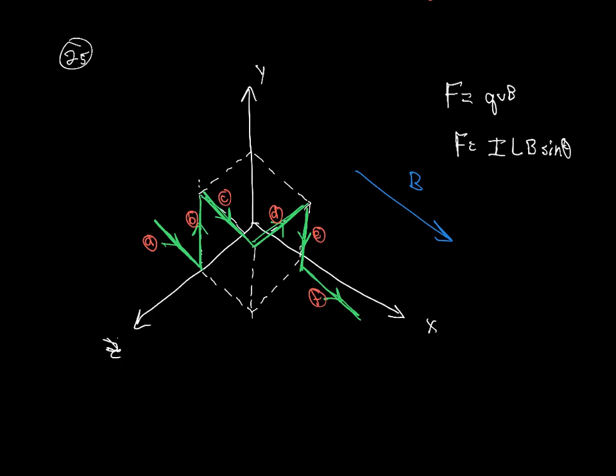The x-axis. If I have anything else going along the x-axis, then it's going to cancel out and give me 0, because the angle is 0, sine of theta is 0, and the force would be non-existent. So anything that's traveling along the x-axis gives me 0 force. Anything that goes in the same direction as your magnetic field.